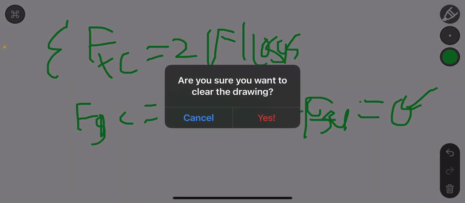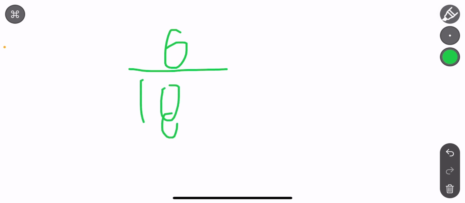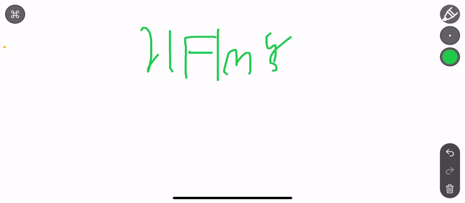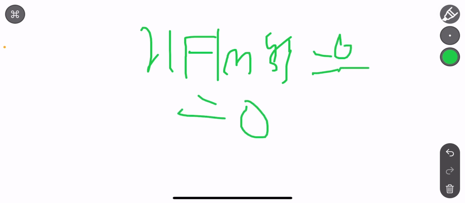We know that if we work this out from last time, we had this number that we originally just did. So it was 6 over 1800 equals something over 2, from the first one I did of the 2 of this one here. That was what we got. Now we also have to do the bottom one, which was equal to 0.